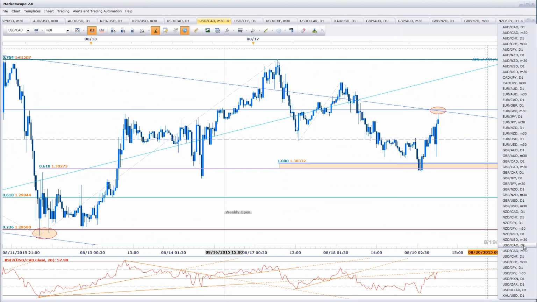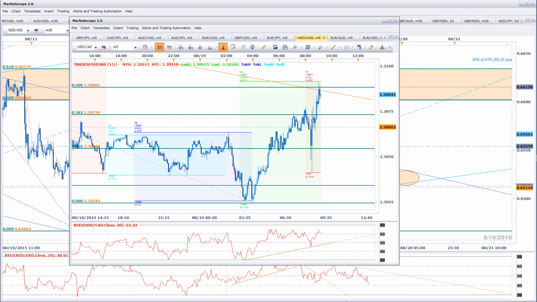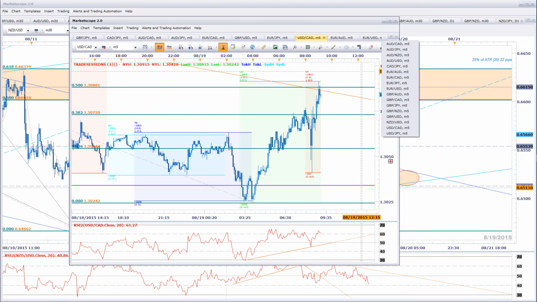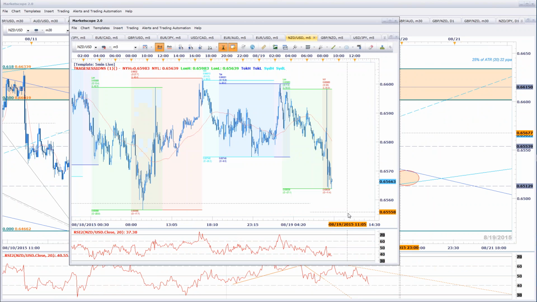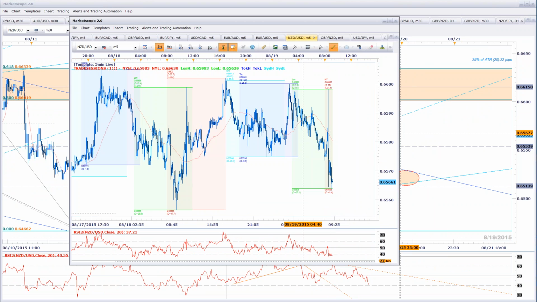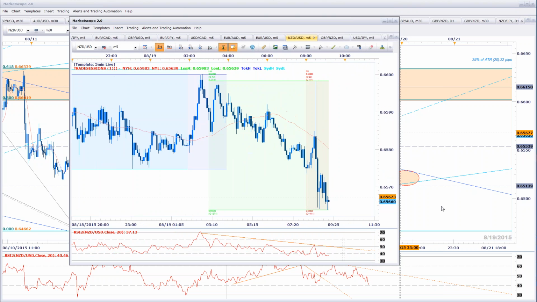Let's see if Kiwi Dollar has made any progress as well. That's stalling out. Again, it's an ugly trigger, but it's something to keep an eye on.